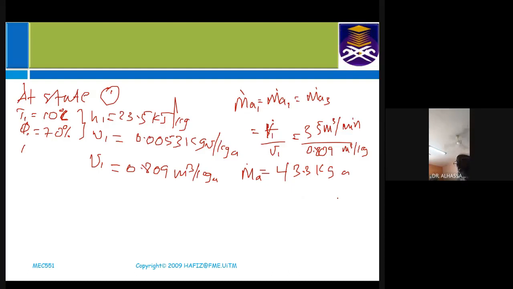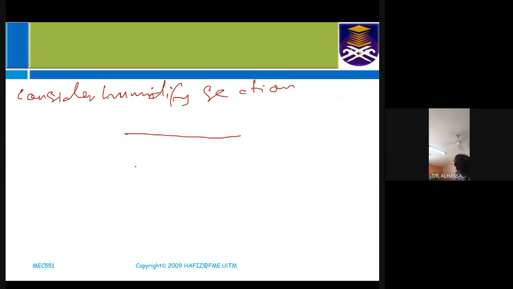Okay, so consider the humidifying section. So we have water coming in, steam coming in. This is state 2.